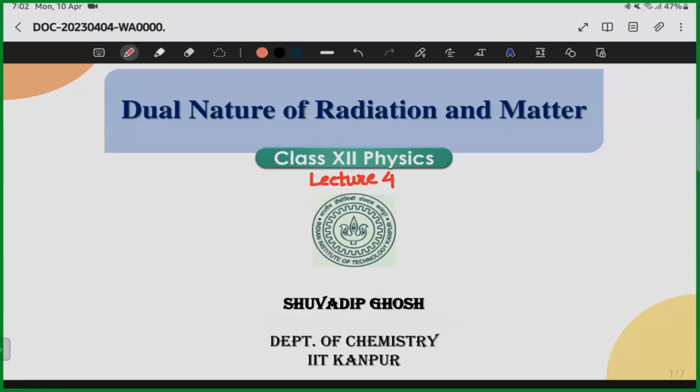We have seen that using the concept of the photon as a particle of light, we can explain all the observations of the photoelectric effect, which was not possible by considering light as a wave. So to explain that, we had to consider the particle nature of light.